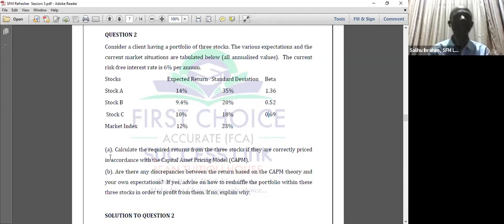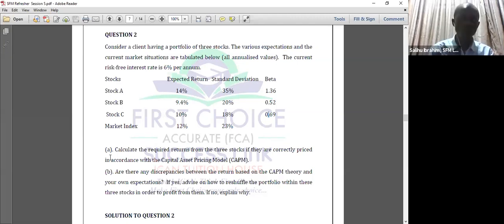Now in relation to financial management, whenever you hear portfolio, portfolio is a collection of various investments as one.